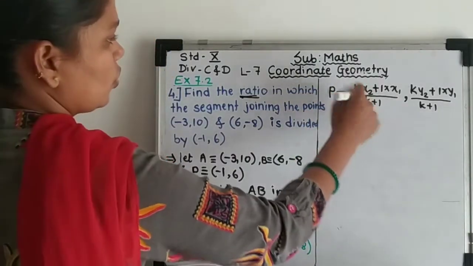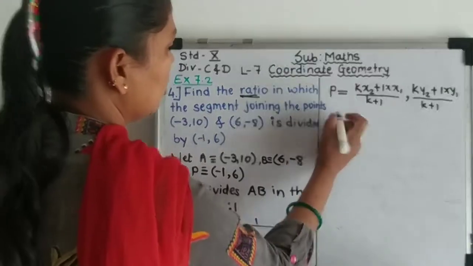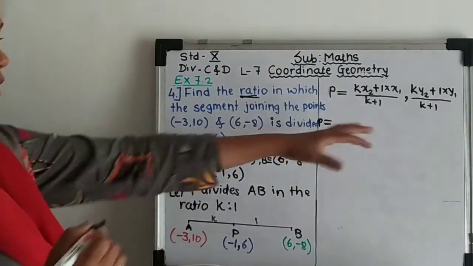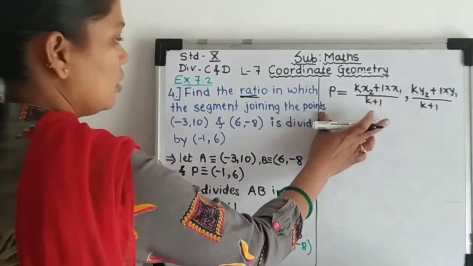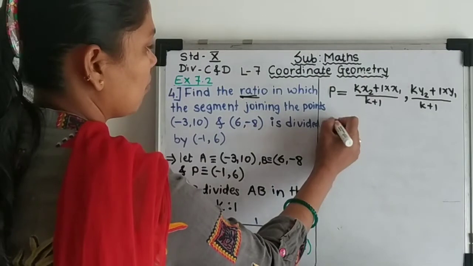Equals to, you can put in a bracket or leave it as it is. Just we will find out now P. P coordinate we are writing over here. Once those coordinates we get, then we are going to compare them.